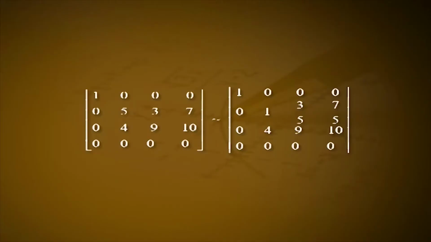If A and B are equivalent, we write A ~ B. Example, [1, 0, 0, 0; 0, 5, 3, 7; 0, 4, 9, 10; 0, 0, 0, 0] ~ [1, 0, 0, 0; 0, 1, 3/5, 7/5; 0, 4, 9, 10; 0, 0, 0, 0], as the latter is obtained from the former matrix by R2(1/5), that is, by multiplying the elements of row 2 of the first matrix by 1/5.